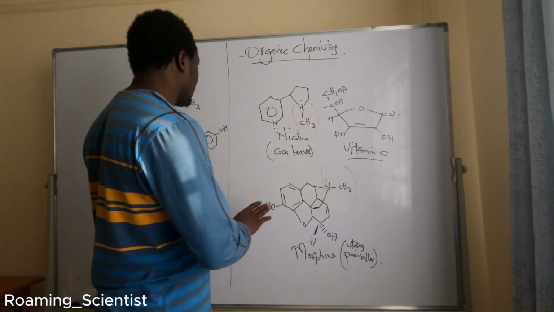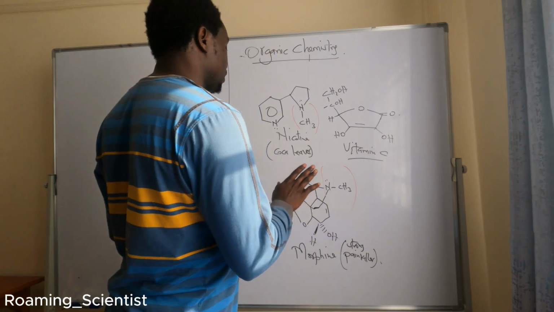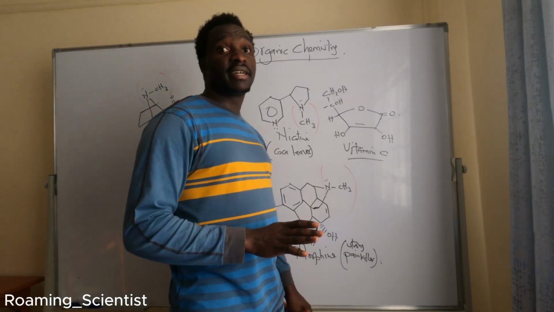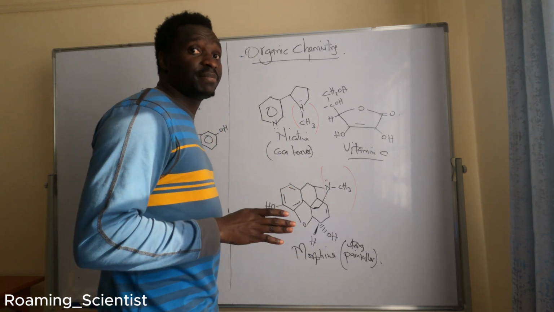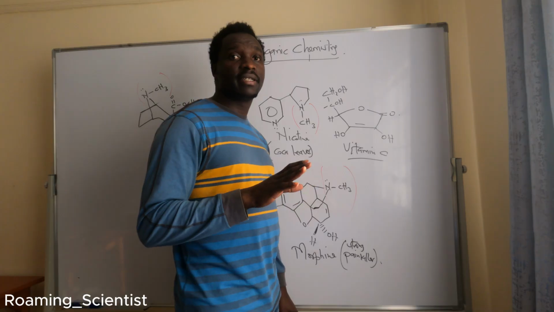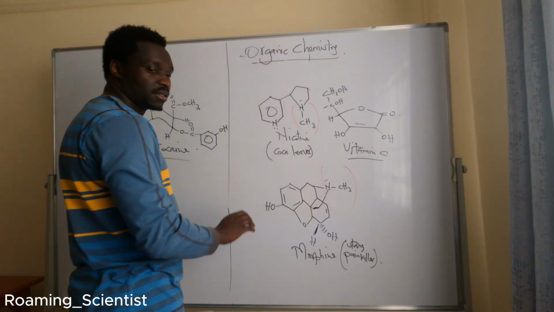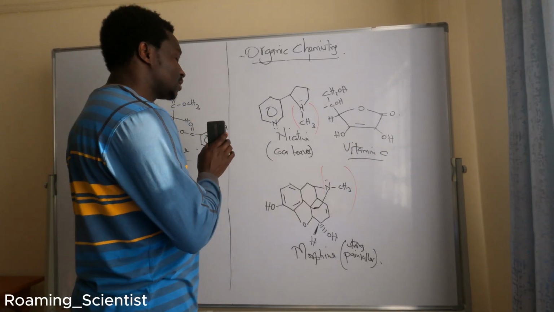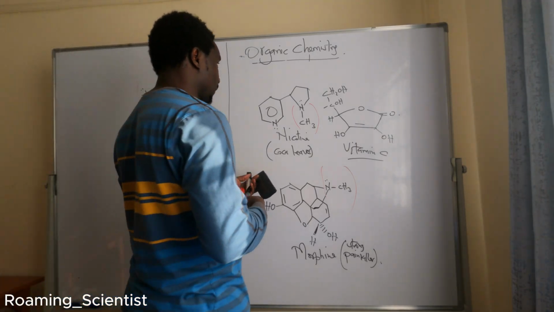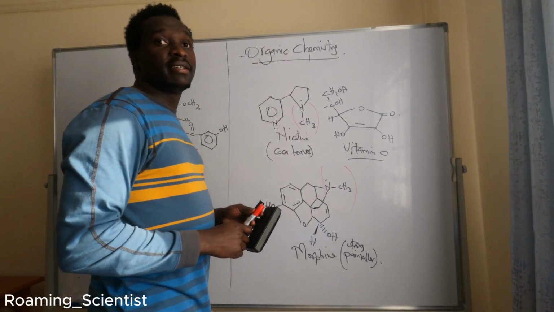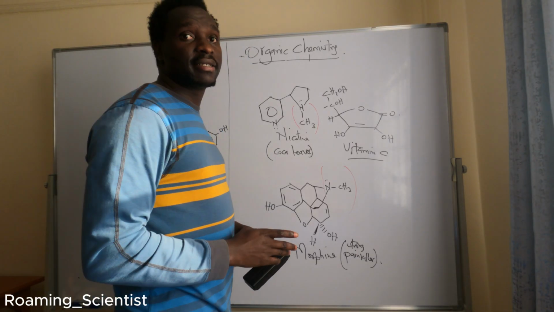So that's the magic of organic chemistry. It is applied in so many areas that we depend on it so much. And that's why 80% of all compounds in the world are organic compounds. So that's why we need to look at this branch of chemistry with some sort of seriousness as chemists, as scientists for that matter.